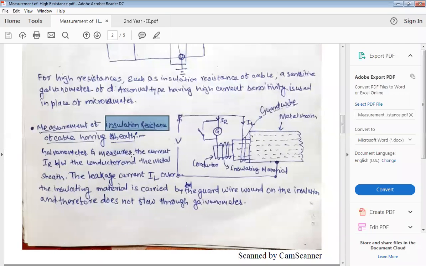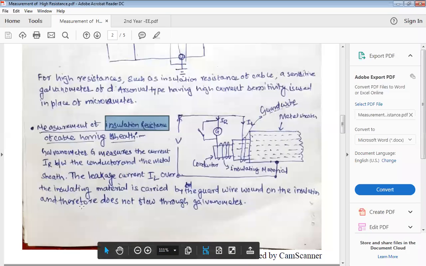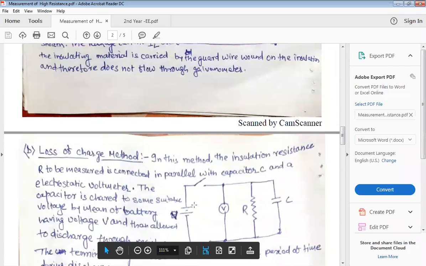So in the measurement of insulation resistance of a cable having a sheath, the galvanometer G measures the current IR between conductor and metal. The leakage current IL over the insulating material is carried by the guard circuit wound on the insulation, and therefore does not flow through the galvanometer.